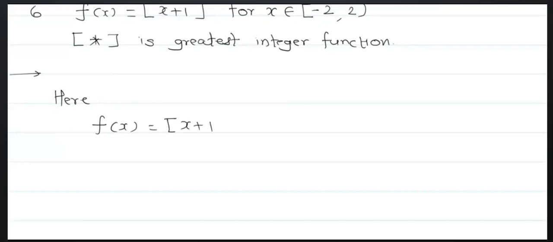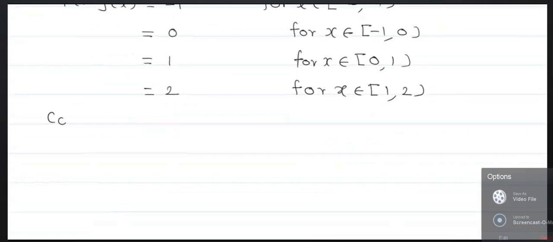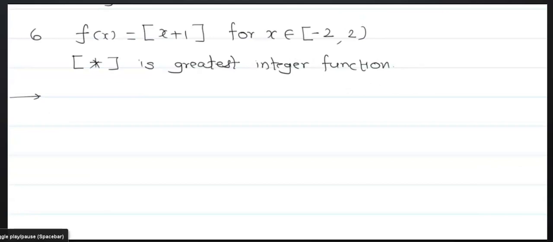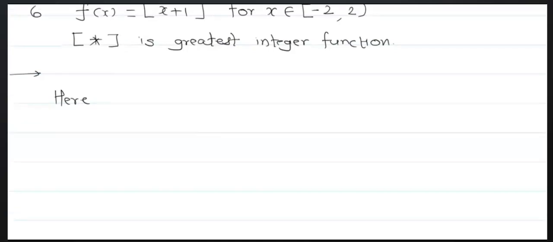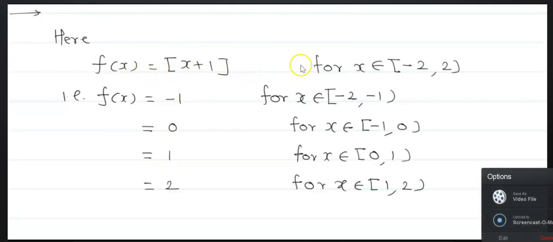Here f of x is written like this: f of x is equal to x plus 1 for x belonging to the closed interval minus 2 and open interval 2. f of x is equal to minus 1 for x belonging to minus 2 and open minus 1.